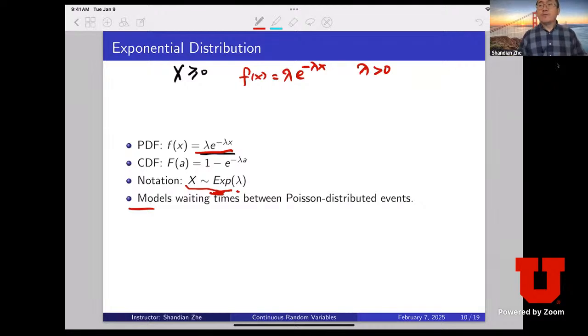Or you're ordering some to-go menu, and you still need to wait because in front of you there could be other customers. So we're interested in the uncertainty about your waiting time to get your service. This waiting time is often modeled as an exponential distribution variable.